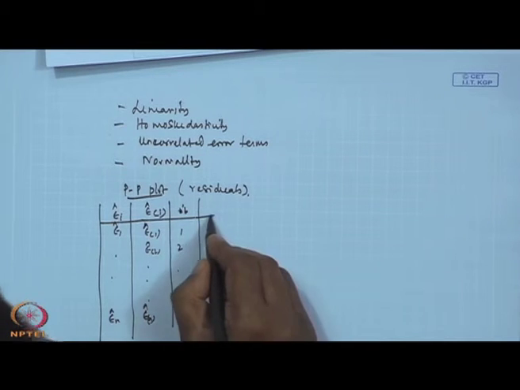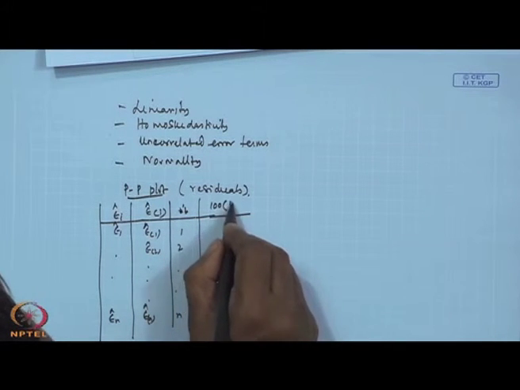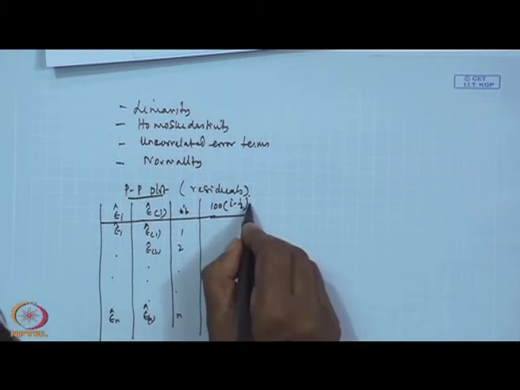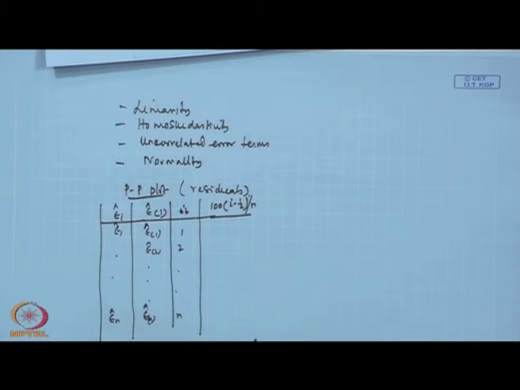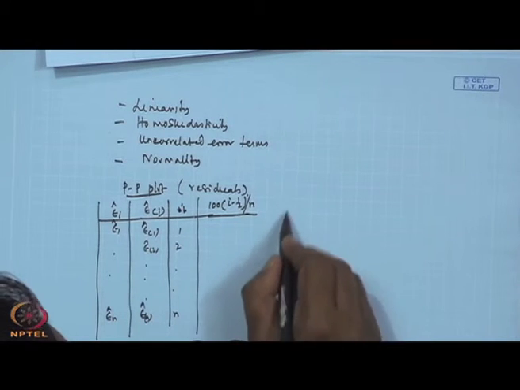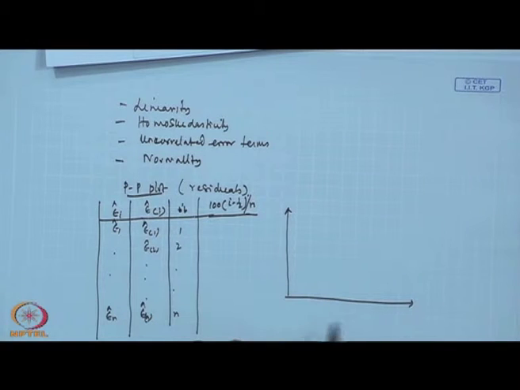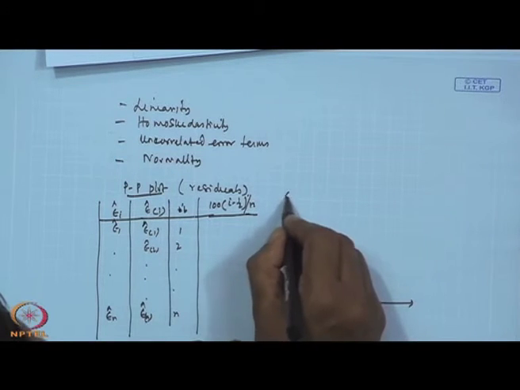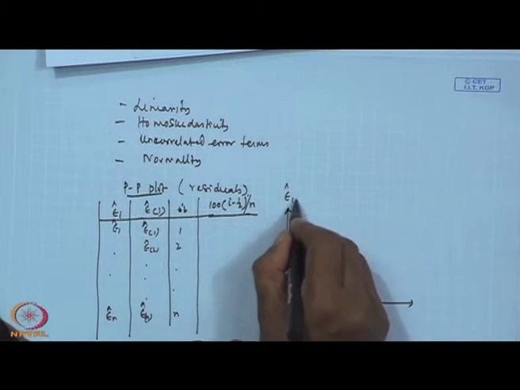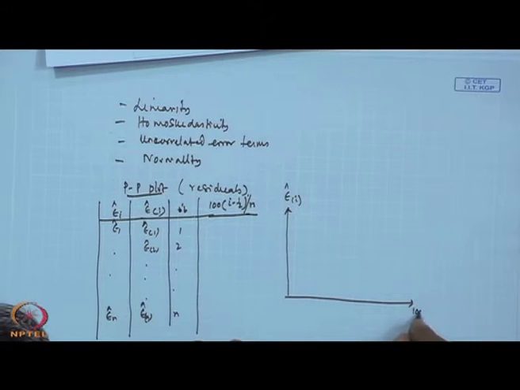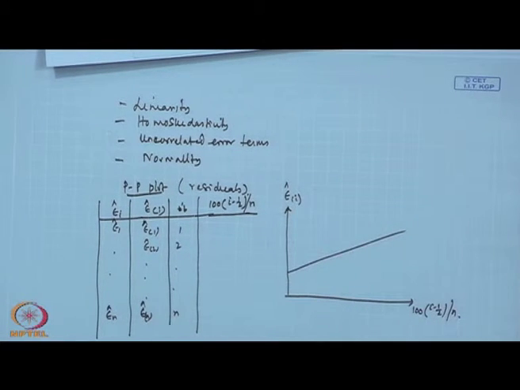Then what did you create? You created 100 into (i minus half) divided by n, and then you plotted the two. You plotted the ordered epsilon and your 100 into (i minus half) divided by n, and you got a straight line.